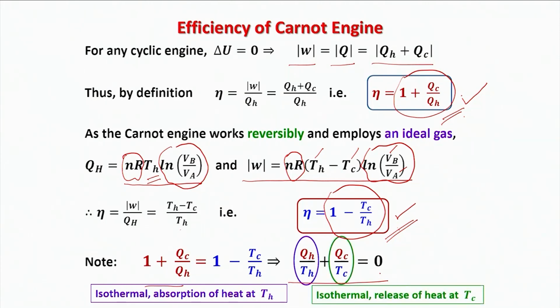If we look into the second quantity, we find that this corresponds to the isothermal release of heat at the cold temperature reservoir, whereby at the temperature Tc, Qc was the amount of heat exchanged. And for that event, I compute the ratio Qc by Tc. And for a reversible cyclic engine such as the Carnot engine, I find that this ratio plus this ratio is equal to 0.